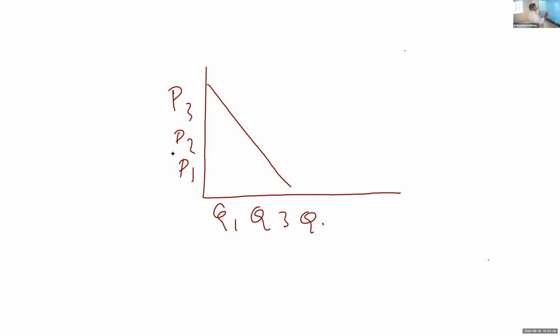Hope you are able to see the screen now. So this is the price at a high level, and the quantity demanded is Q3, Q2.